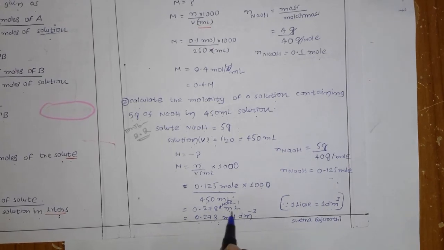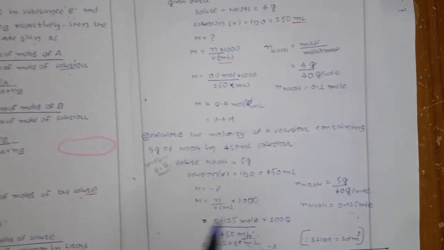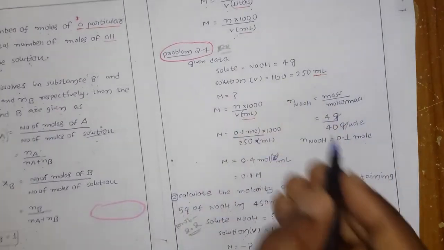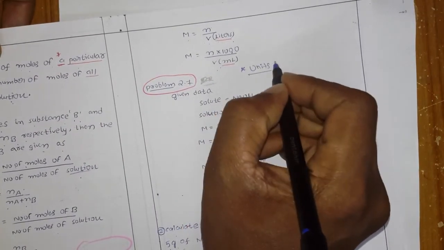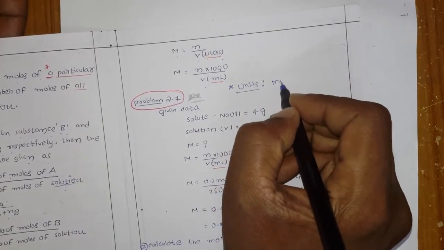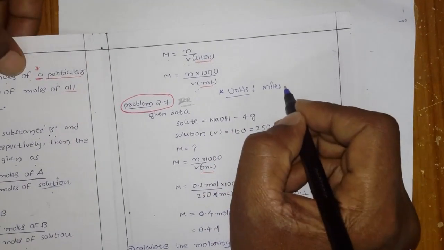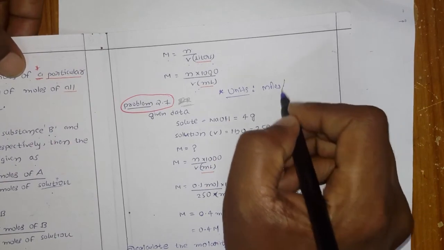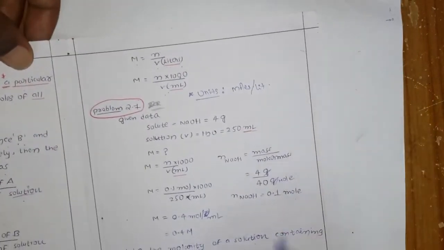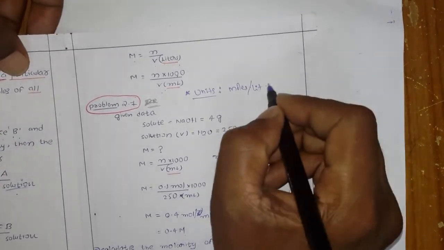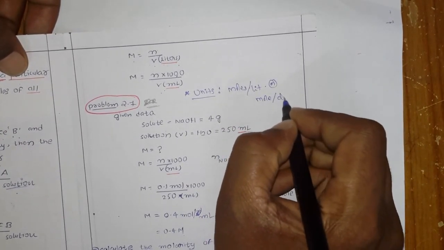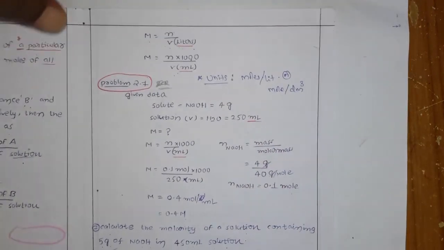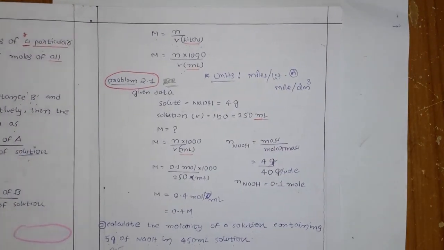It is moles per liter, because the unit for molarity is moles per liter. In some cases they also express it as moles per decimeter cube, which is also liter. Okay, right. So this is the problem.